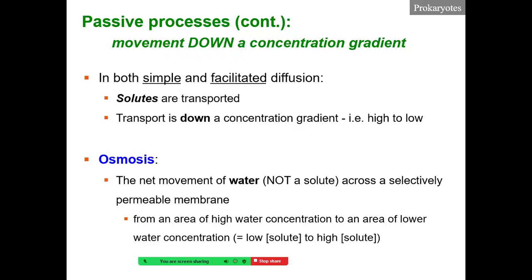So the tonicity looks at sort of the reverse of the water concentration. And that is wherever water concentration is high, solute concentration will be low. And wherever water concentration is low, solute concentration will be high. Any question about any of that?